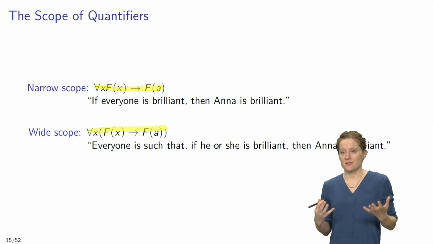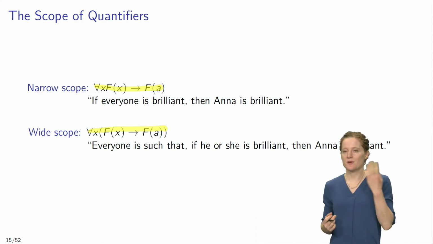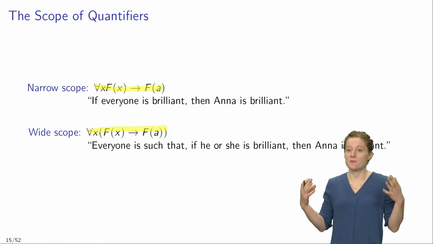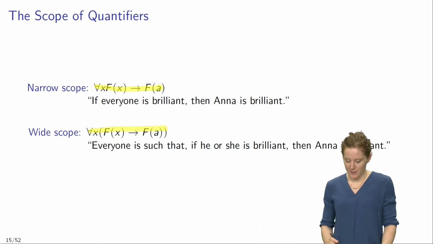Now, these two sentences mean crucially different things. So suppose the predicate F stands for is brilliant. If we understand F in this way, then the narrow scope sentence can be understood as saying if everyone is brilliant, then Anna is brilliant.